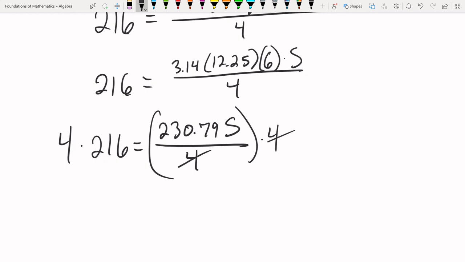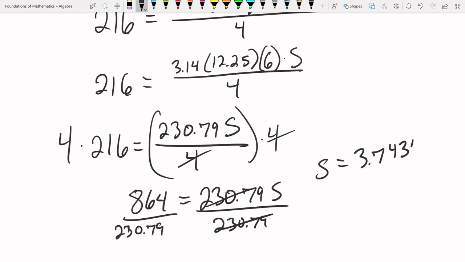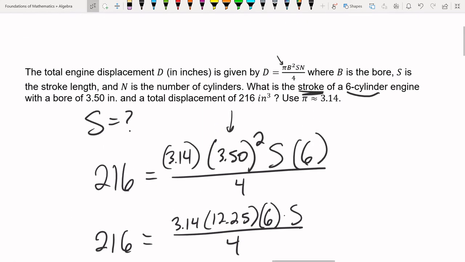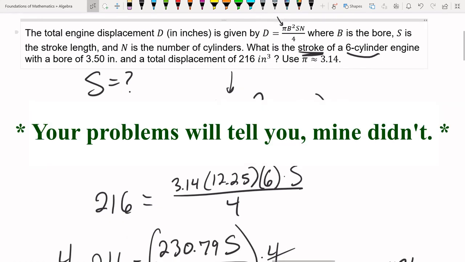That gives me 216 times 4 is 864 equals 230.79 S. And finally, we can divide by 230.79 to get S by itself. 864 divided by 230.79 gives me 3.7436. It continues.